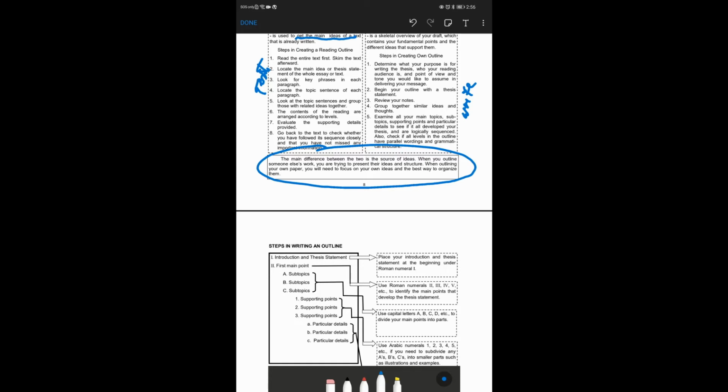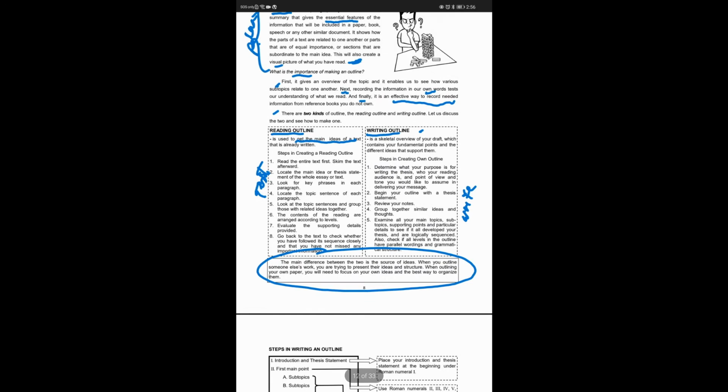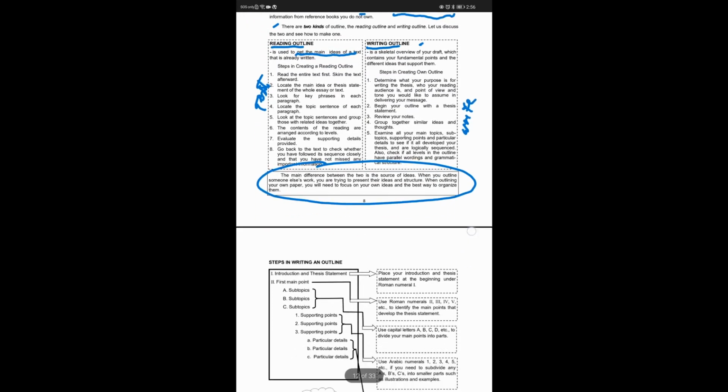That is the writing outline. So, again, to make it easier to understand, the difference is that a reading outline is the outline you do when you are outlining someone else's text. A writing outline is the outline you make when you're about to write an essay or a paper. Okay? This outline is used to organize your own ideas.